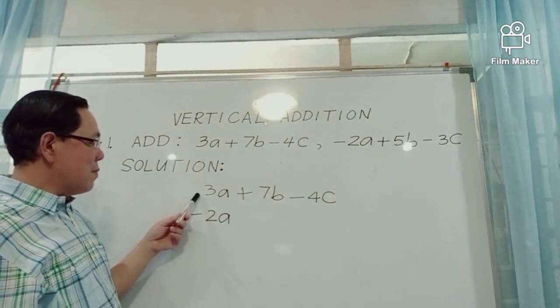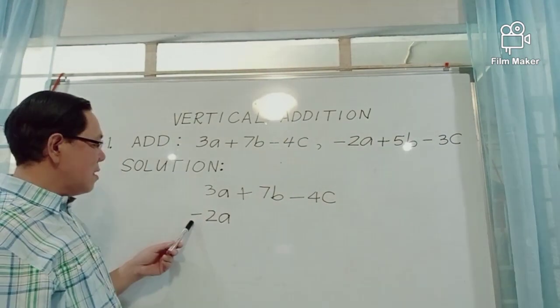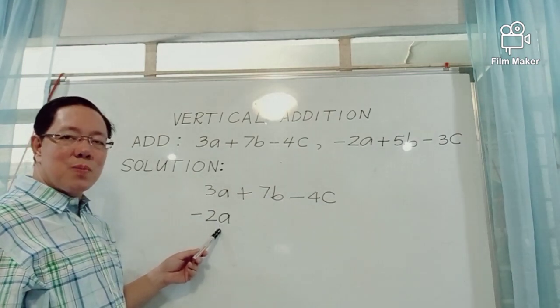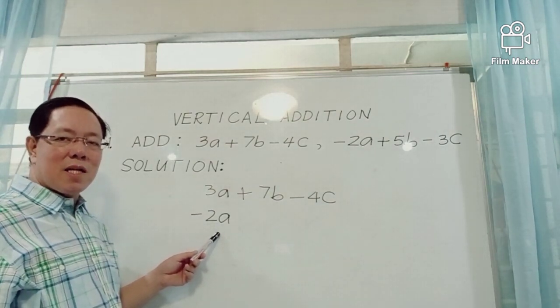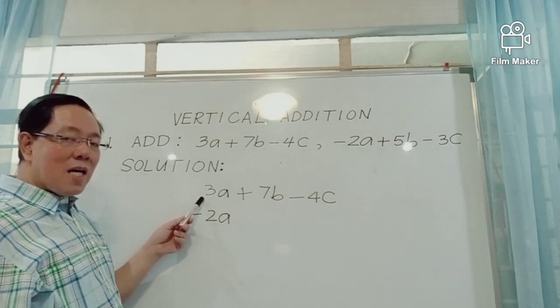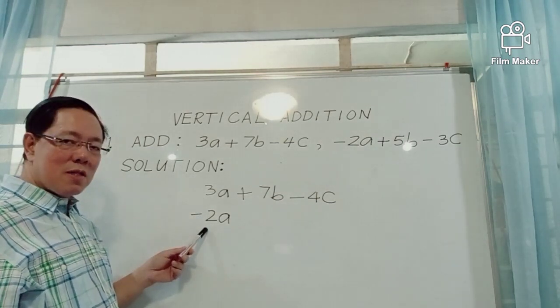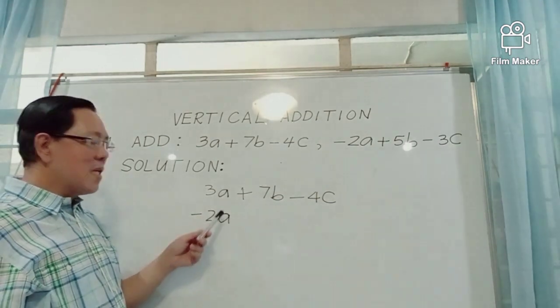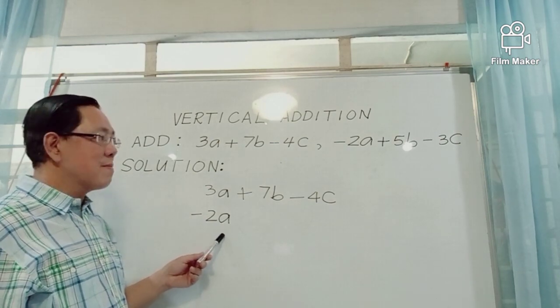So 3a and negative 2a are said to be similar terms or like terms. Although they have different numerical coefficients, they have the same literal coefficient a.